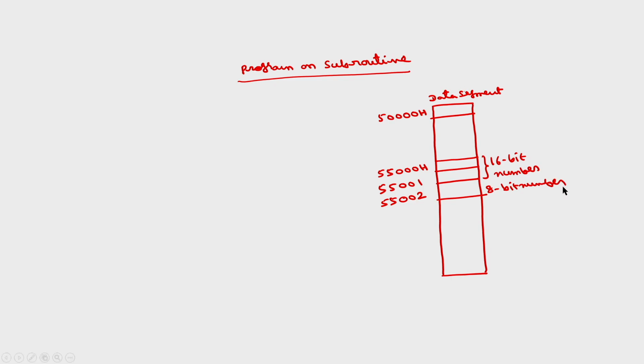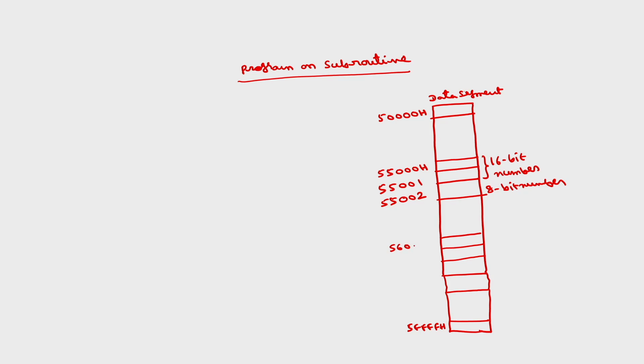You multiply these two and you store the result in some location, store in 4 consecutive locations.